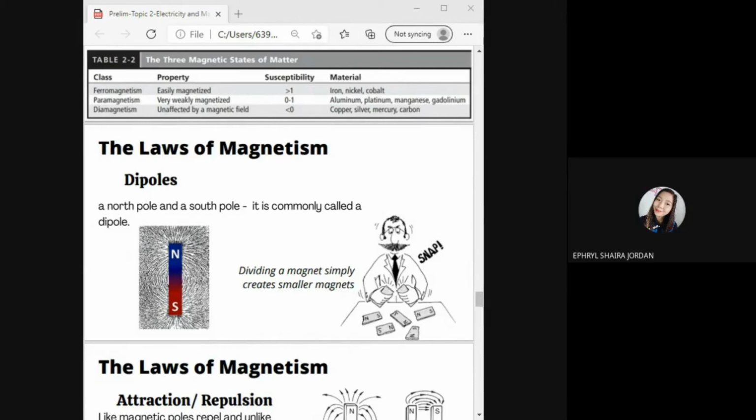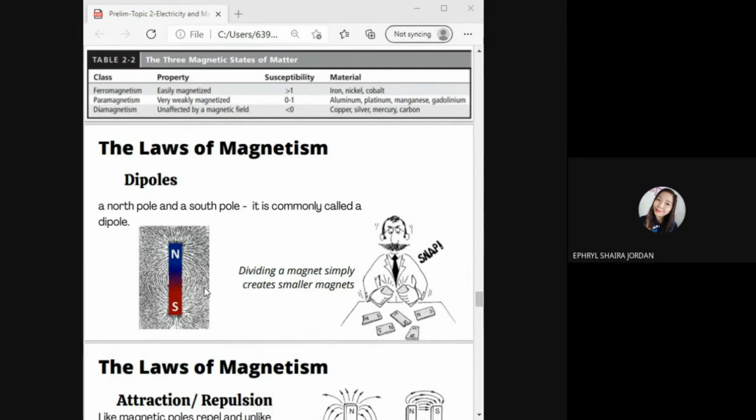And these dipoles, unlike electric charge, a magnet cannot exist with a single pole. So hindi pwede na north lang ang isang magnet, hindi pwede na south lang ang isang magnet. Well, in fact, if you're going to divide a magnet, it just simply creates smaller magnets.